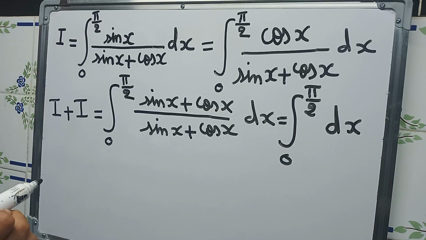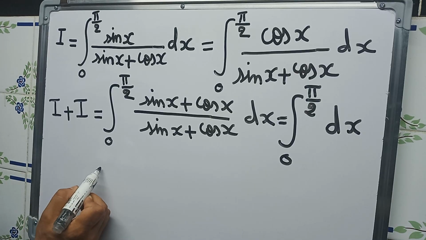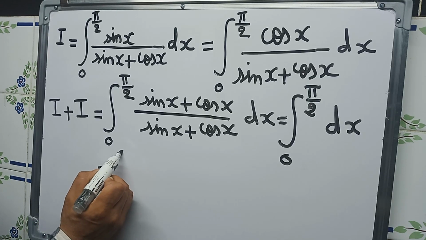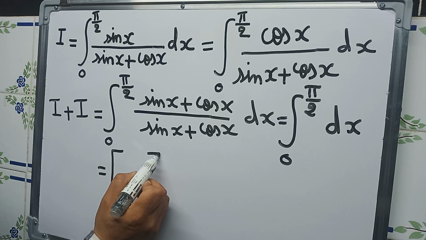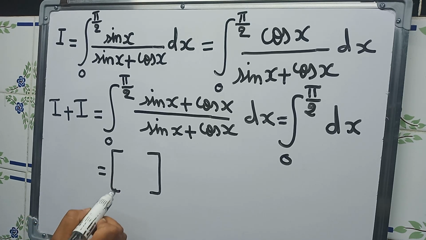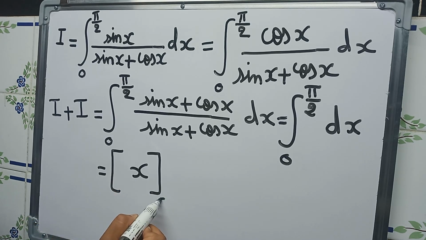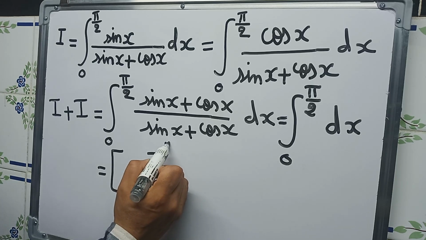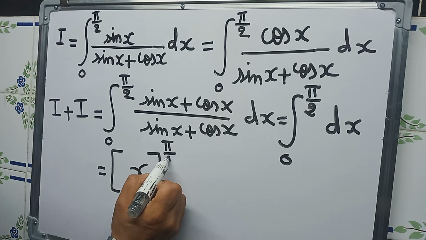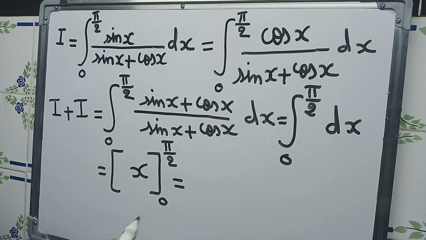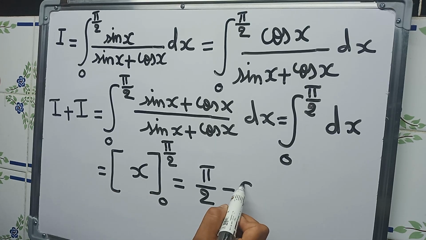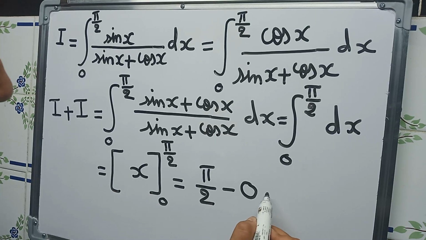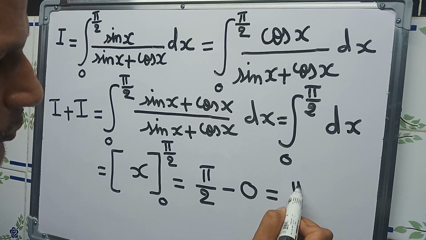And the antiderivative of 1 is x, so it's equal to the evaluation of x from 0 to pi over 2, which is of course pi over 2 minus 0, equal to pi over 2.